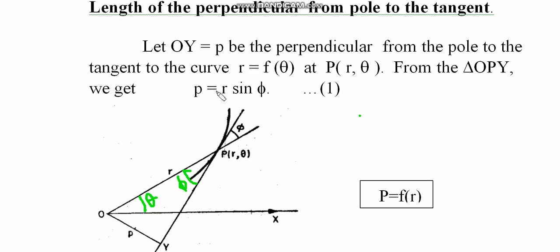So the resulting equation is in the form p is equal to g of theta, a relation between p and theta. Then again from the previous equation r is equal to f of theta, and with this equation p is equal to g of theta, we eliminate theta between these two equations and we write p is equal to f of r as the pedal equation. So let us consider a few examples.